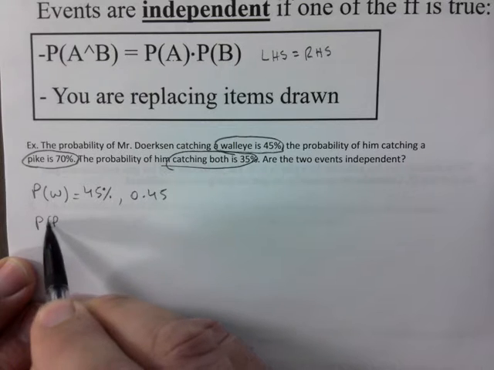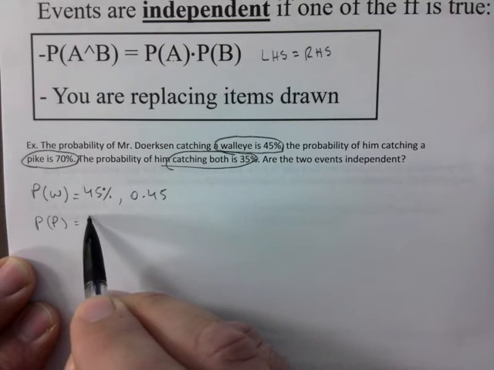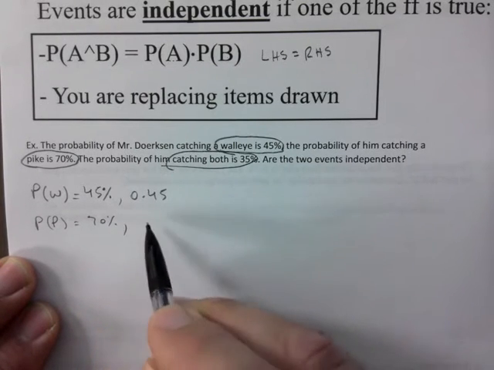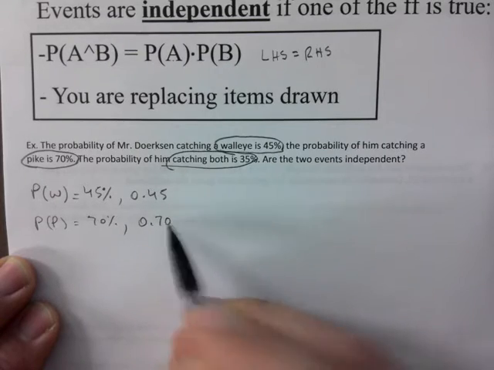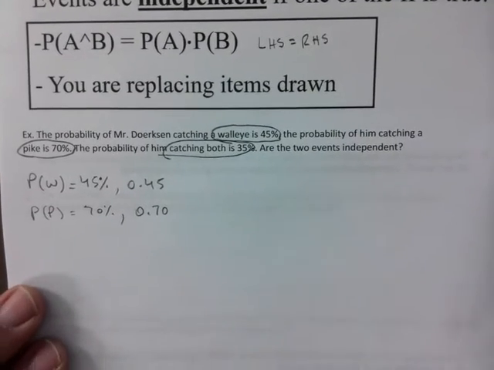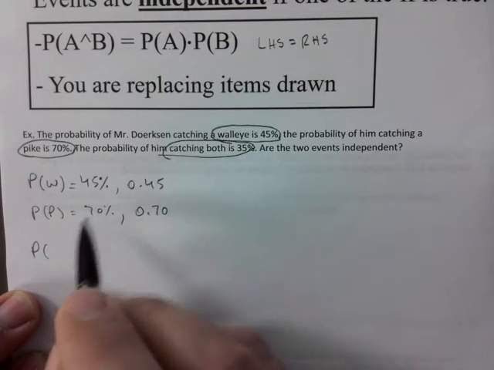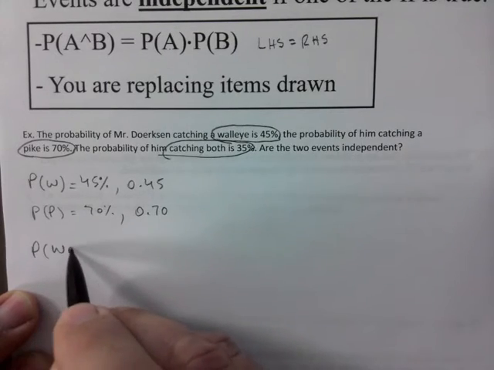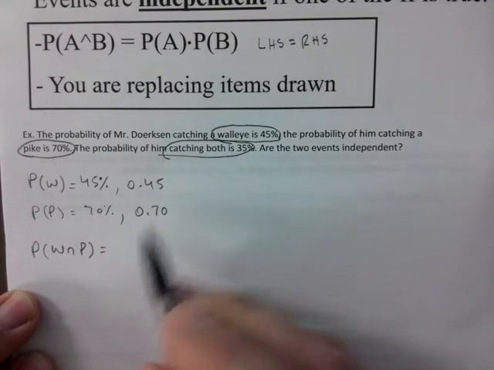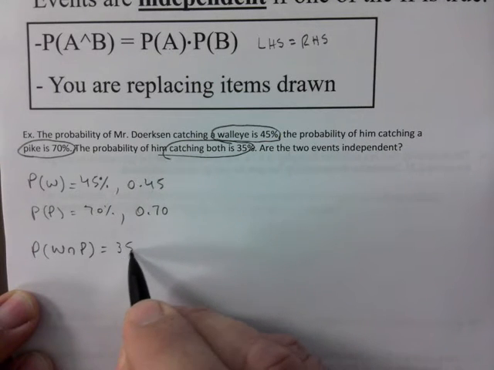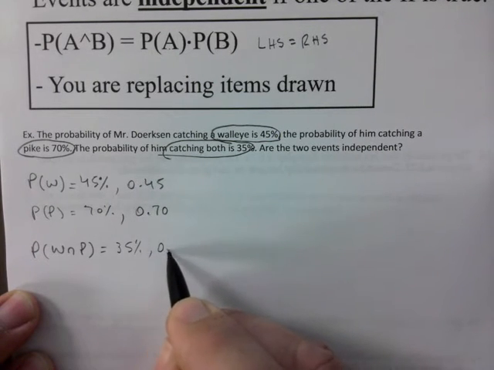Probability of pike is 70%. If I give you fractions, turn them into a decimal, right? Don't fear them. Probability of catching both a walleye and a pike is 35%, 0.35.